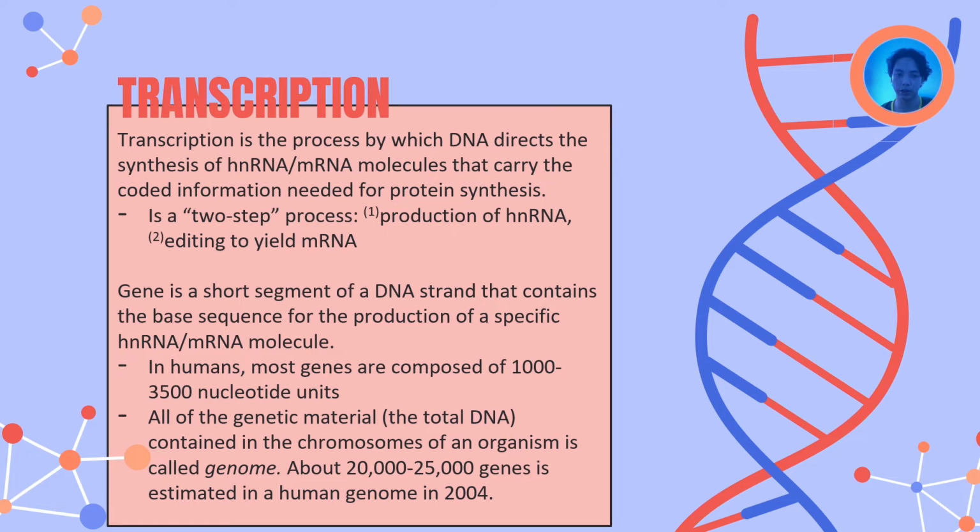A short segment of a DNA strand so transcribed, which contains instructions for the formation of a particular hnRNA or mRNA, is called a gene. A gene is a segment of a DNA strand that contains the base sequence for the production of a specific hnRNA or mRNA molecule.